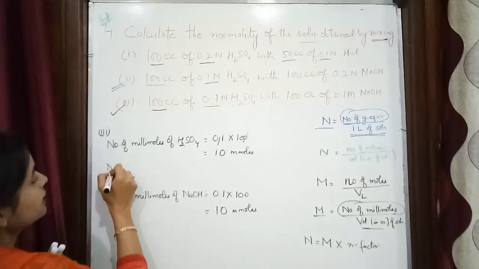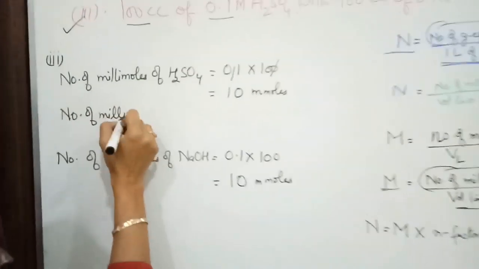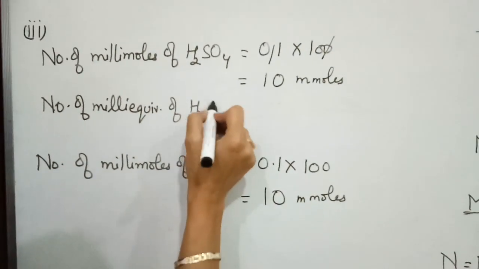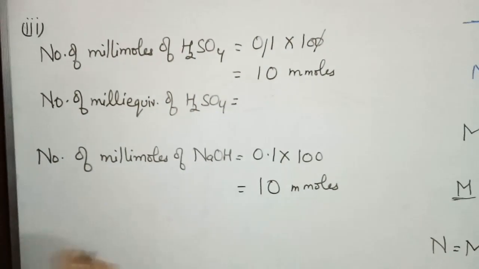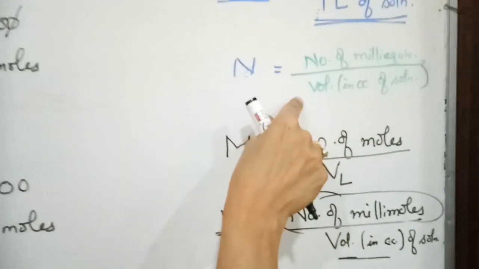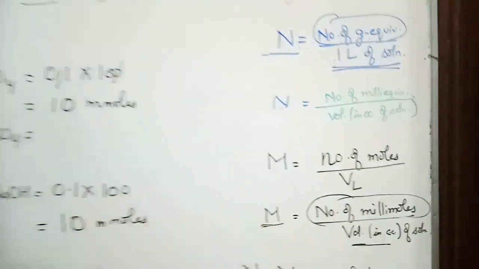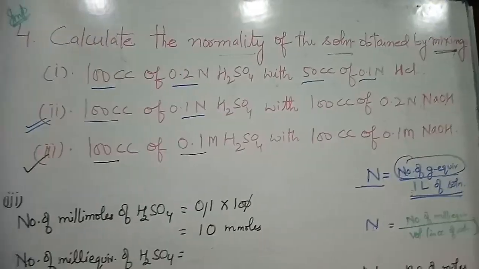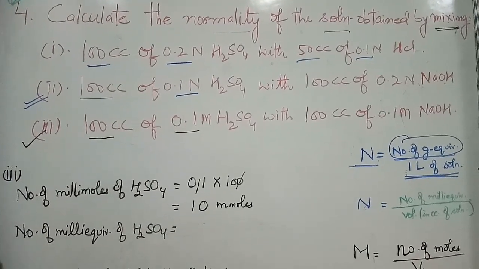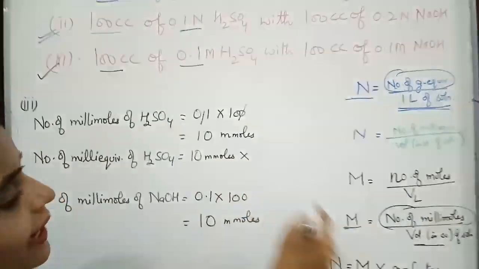So here number of milli equivalents of H2SO4 is 10 millimoles into n factor.